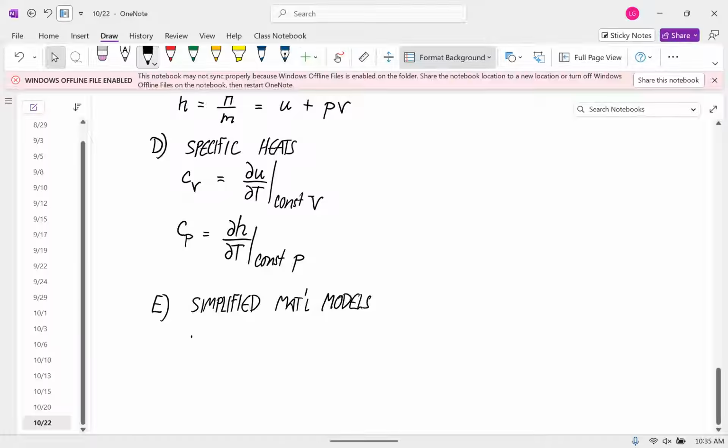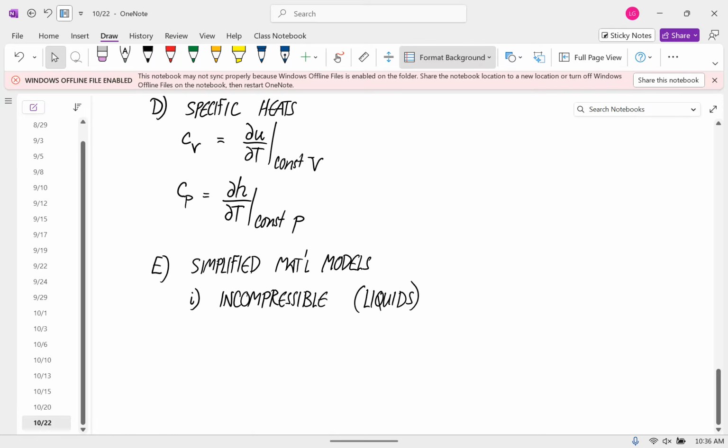The first one is incompressible materials. For us, we're just using that for liquids. And there are three big assumptions that come from this model.